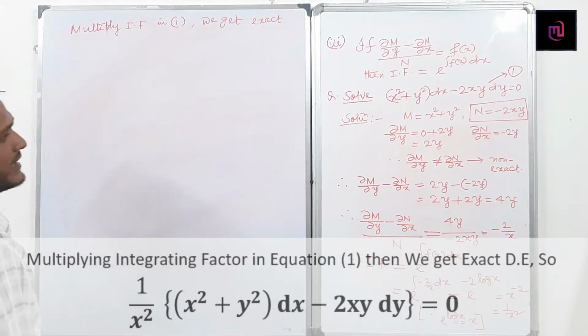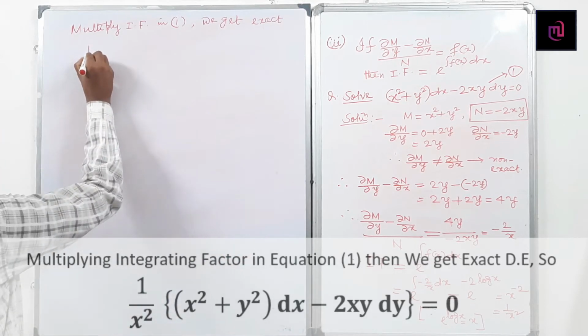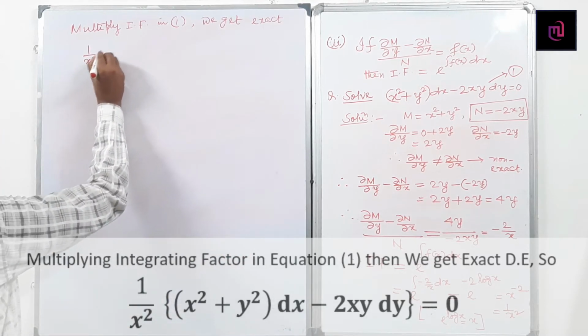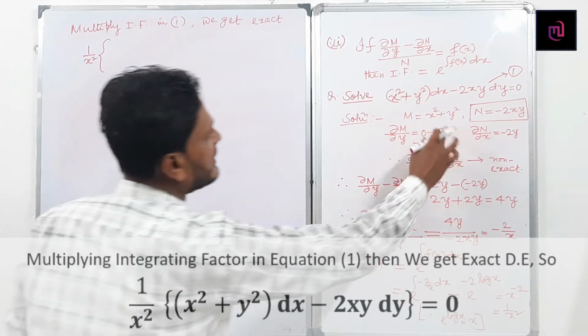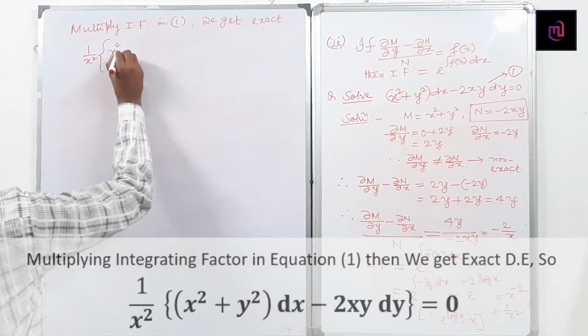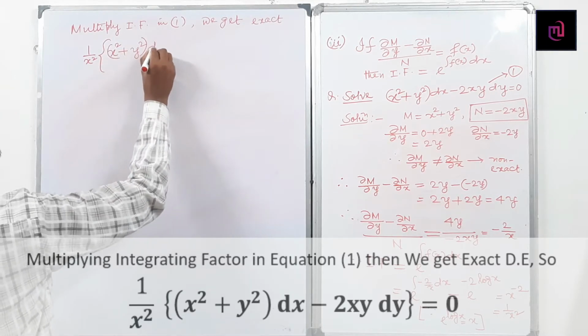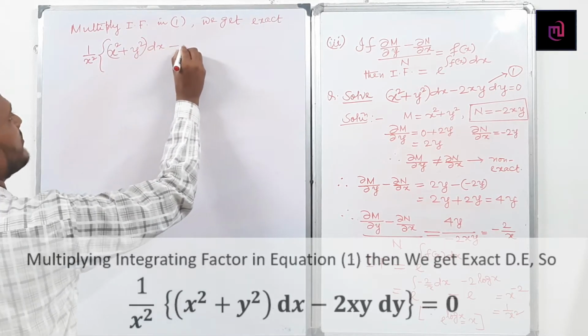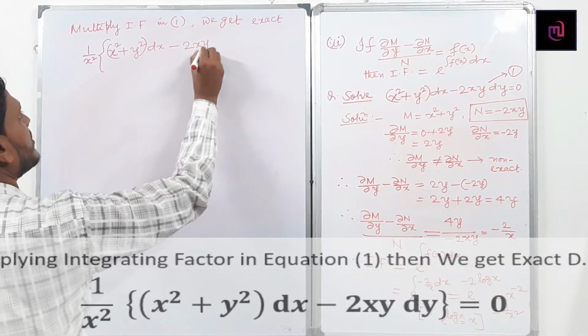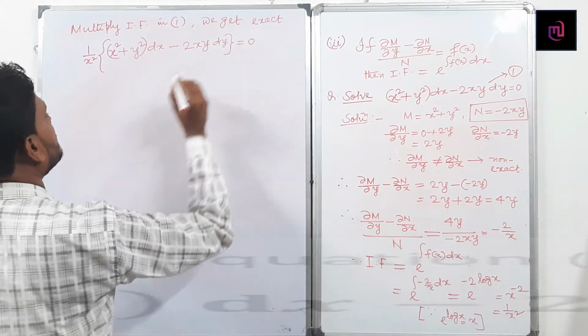What is the integrating factor? 1 by x square. So multiply 1 by x square whole into (x square plus y square) dx minus 2xy dy equals 0.